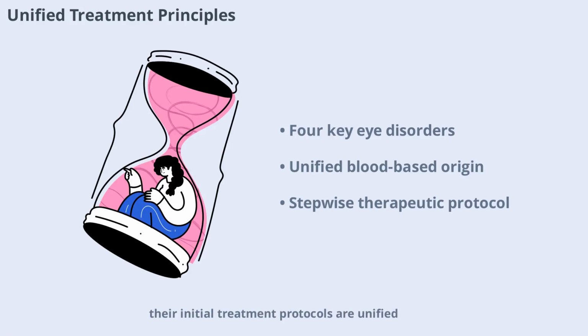Because of this shared root cause, their initial treatment protocols are unified. The approach begins with internal and external lubrication, followed by bloodletting, cleansing of the head channels, and finally, targeted local therapies. This logical sequence ensures that the underlying pathology is addressed before moving to symptom-specific care.